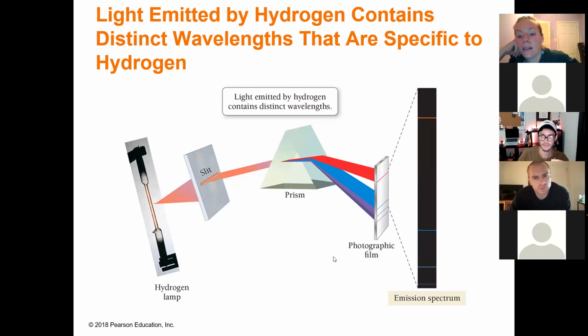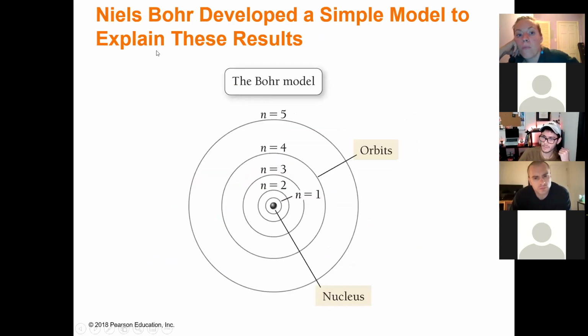Now, why do we get these colors at specific points? Well, Bohr developed a really simple model to explain what was happening. He came up with this quote unquote solar system model, or this model of orbits for electrons. It is important that you know it's orbits, because the quantum mechanical model has something called orbitals with an AL, and they mean something different.